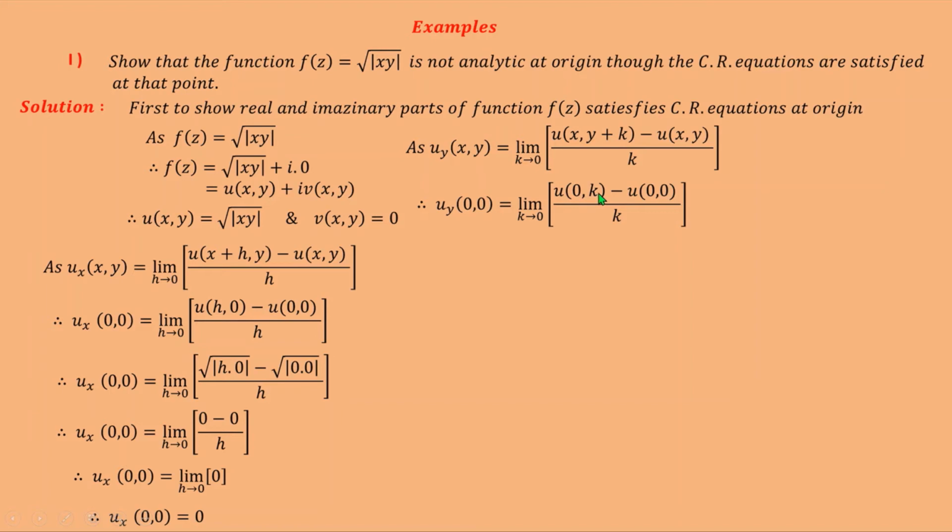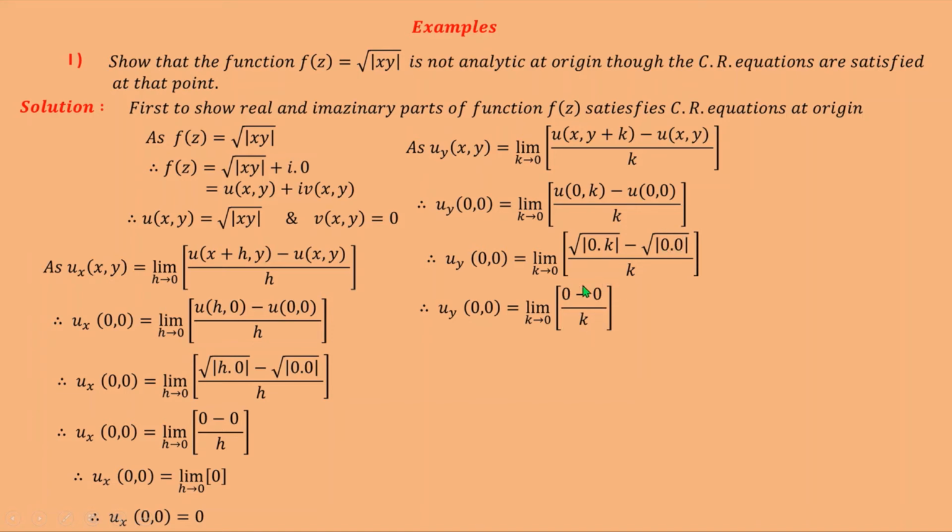Now put the values of u(0,k) and u(0,0). Put x = 0, y = k, we get u(0,k) as √|0·k|, then minus u(0,0), which is √|0·0|, upon k as it is. Make this calculation, so this is equal to limit k tends to 0 of (0 − 0)/k, 0 upon a non-zero number, so this value is 0. Now taking the limit as k tends to 0, this limit is 0, and so we get u_y at (0,0) is 0.